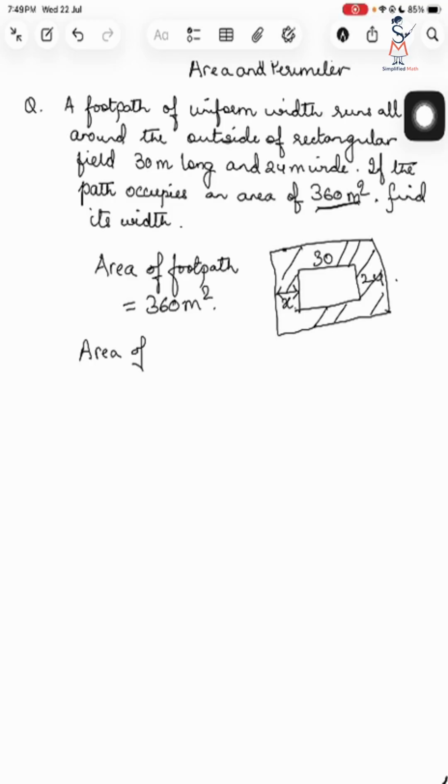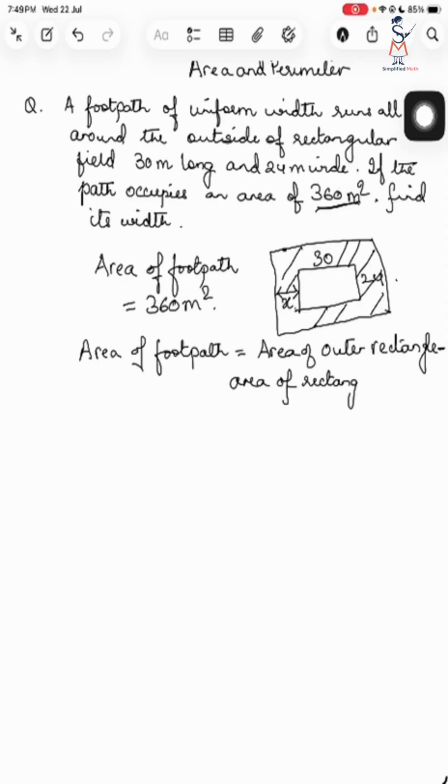Area of footpath will be area of outer rectangle minus area of rectangular field, that is the inner one. Fine. Now first we will find area of rectangular field.